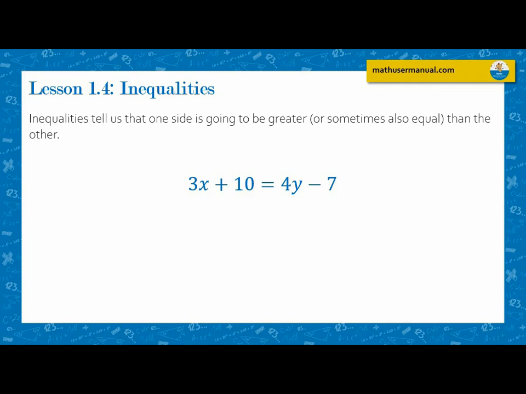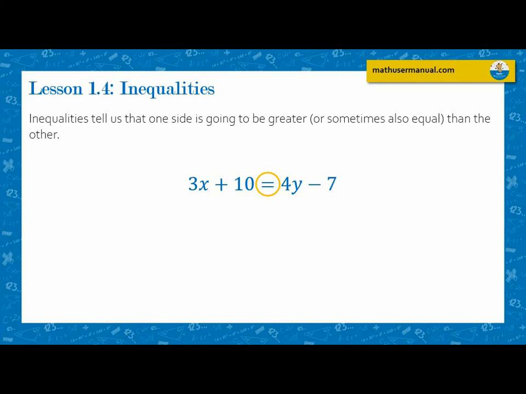In the previous lesson, lesson 1.3, we talked about equations and what the equal sign does: we have to balance them, because both sides of the equal sign must be equal. But there is another type of equation, let's call it like that, in algebra, called inequalities.